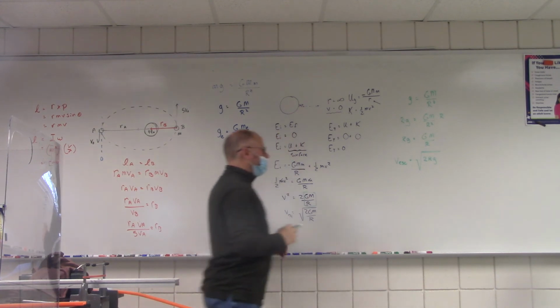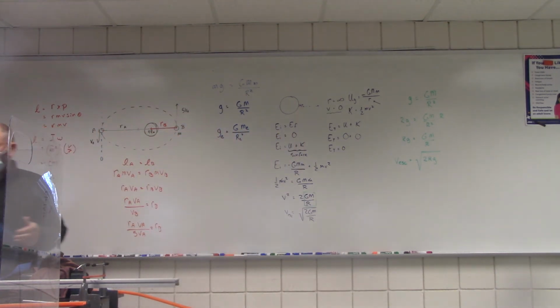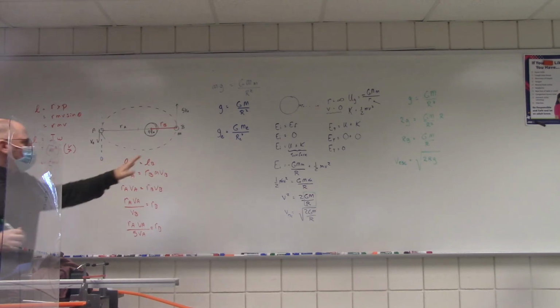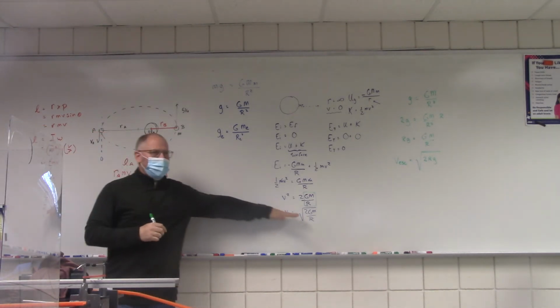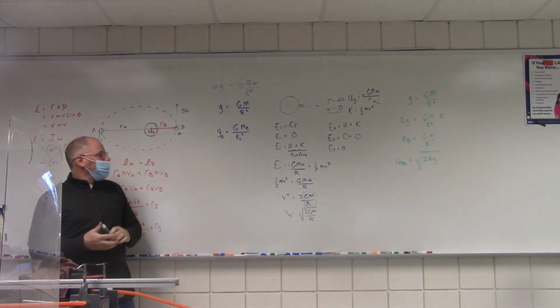How about the square root of 2Rg? See how interesting that is? Well, it's interesting to me. I find it fascinating. I like the fact that you can write an equation for something in terms of something else, which I think is really cool. All right, so that's that.